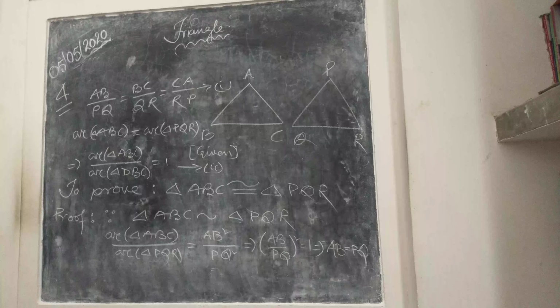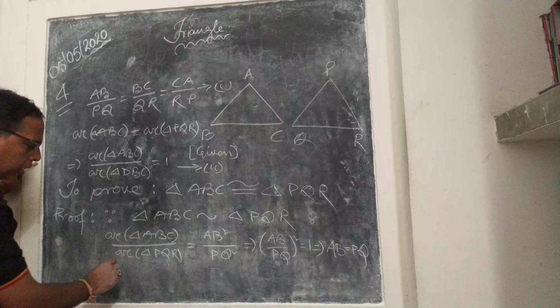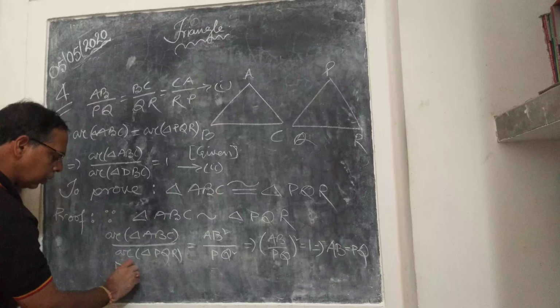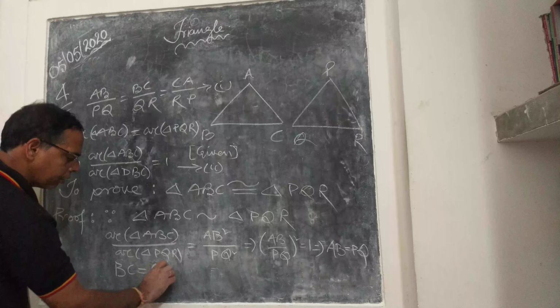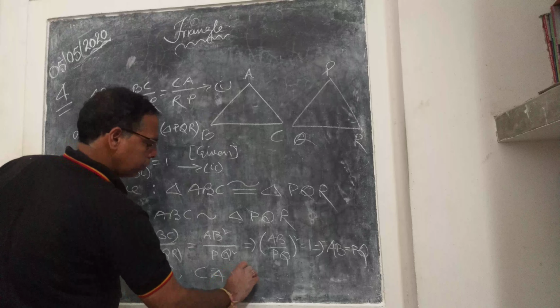Now similarly we can prove that BC equal to QR, CA equal to RP.